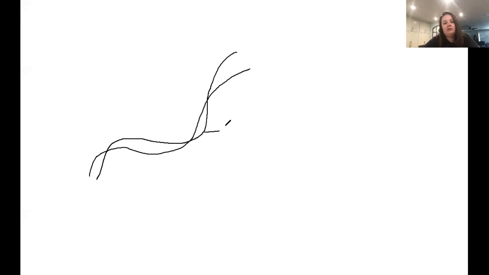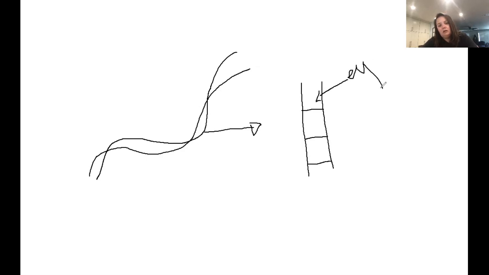If we look at each of those little strands, it's made up of these little segments, like the zoomed in version. These little segments are different genes, and this one here could be for eye color.